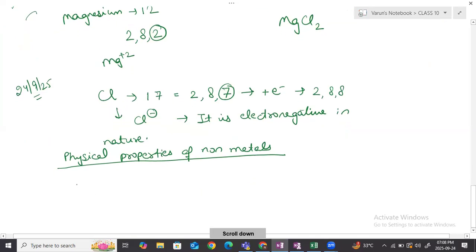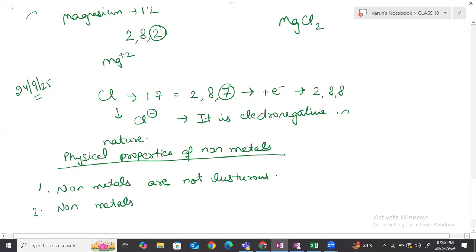The first property is that non-metals are not lustrous, meaning they do not have a shiny surface. Metals are lustrous but non-metals are not lustrous. Non-metals are generally soft and metals are hard.